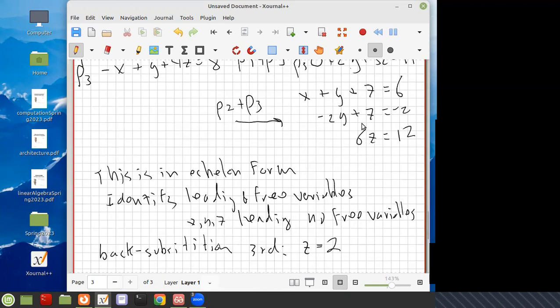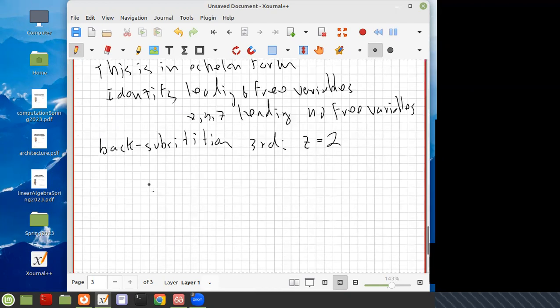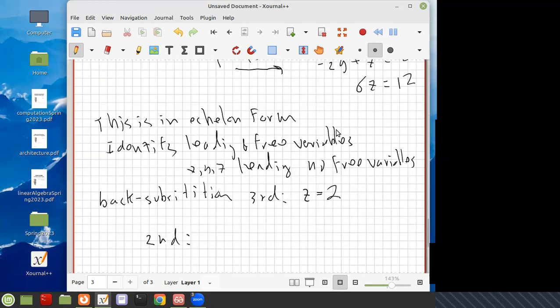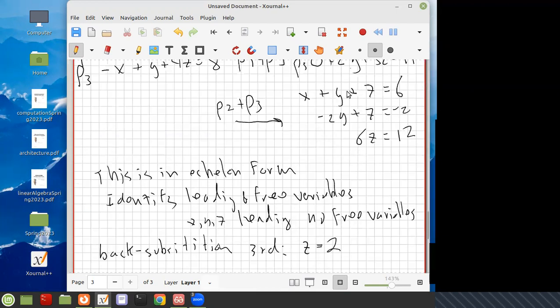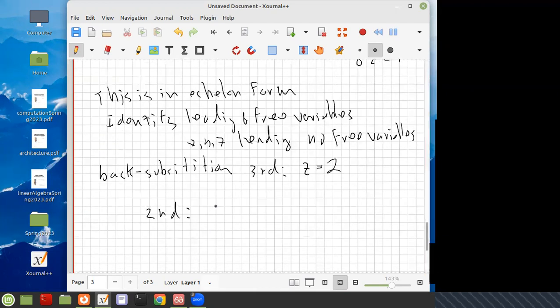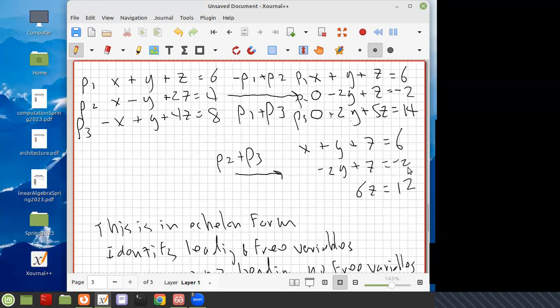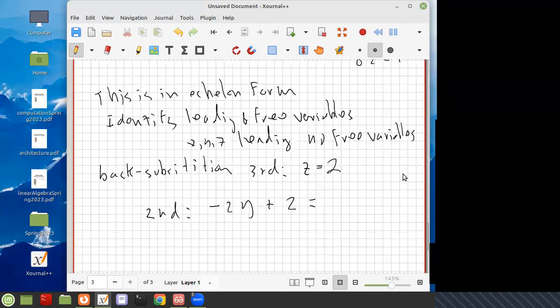Okay. Then I can write down the second equation. It's back because I came downwards here, and now I'm going back upwards. Well, it's minus 2y plus z, that's plus 2, equals minus 2.